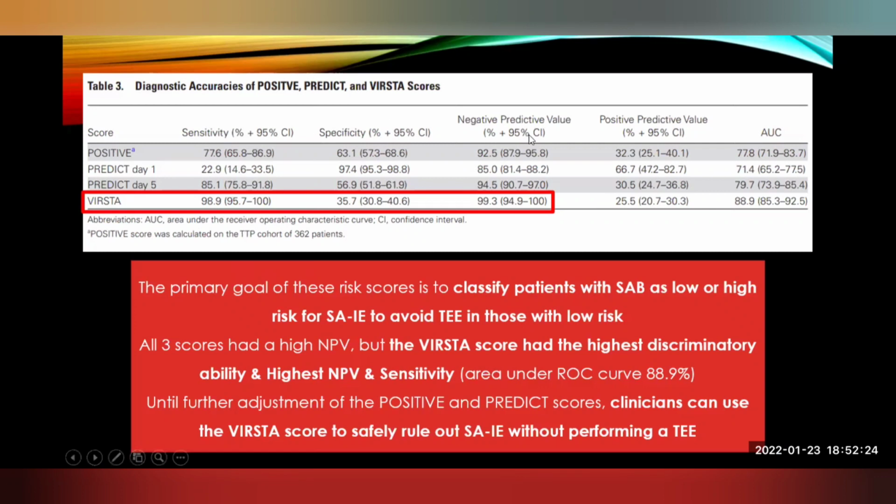So this scoring system you will be using. In any patient having Staphylococcus aureus bacteremia, you have to do this VIRSTA scoring, and if the VIRSTA score is more than or equal to 3, please subject the patient to TEE.